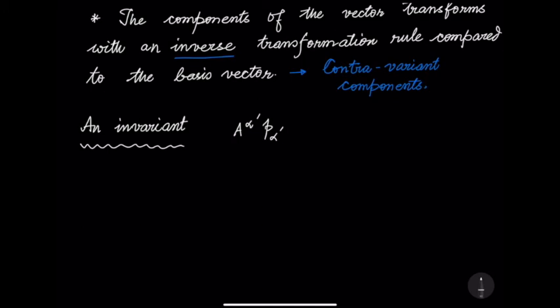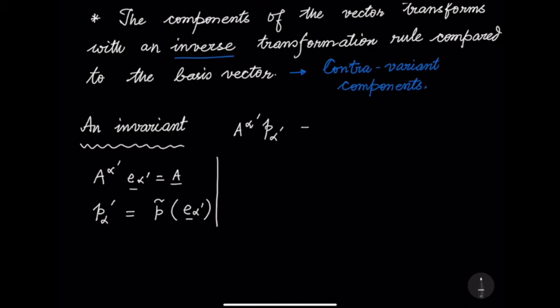So let me remind you how we got A alpha prime. A alpha prime, E alpha prime is the vector A. And how you got P alpha prime? P alpha prime is the one from P, where you put in the alpha prime unit vector in it.